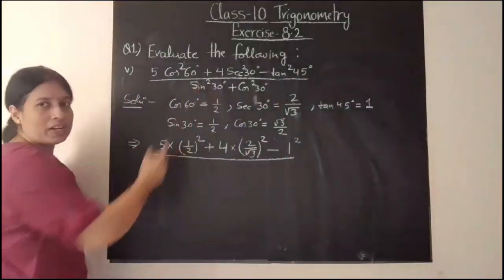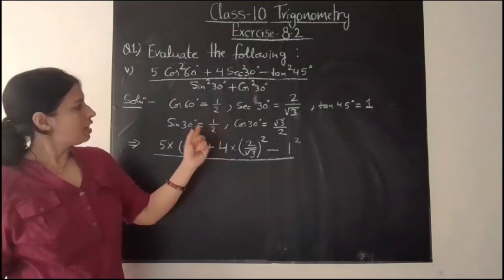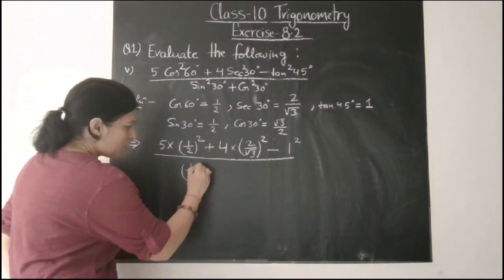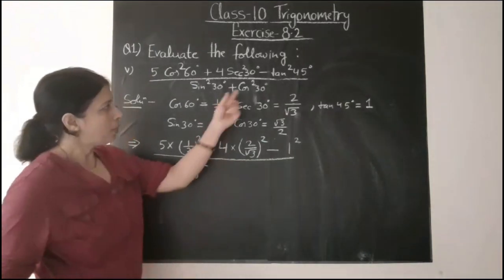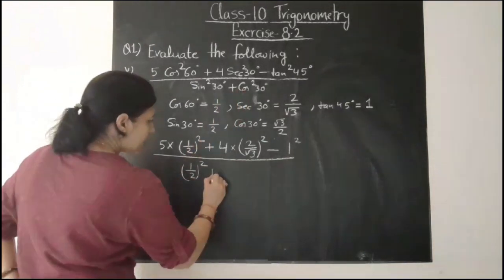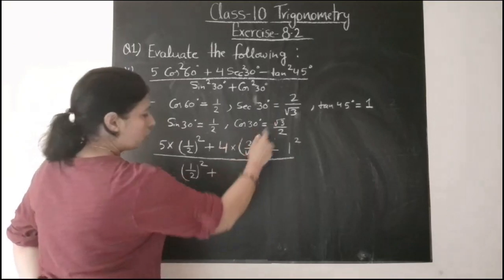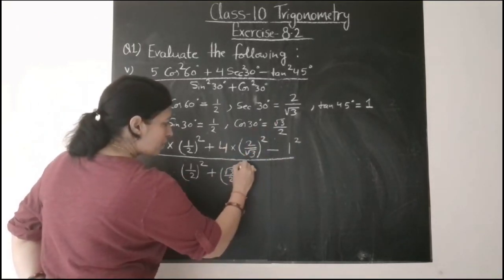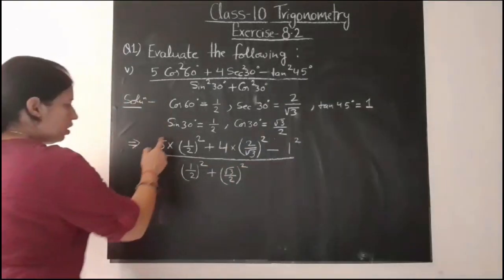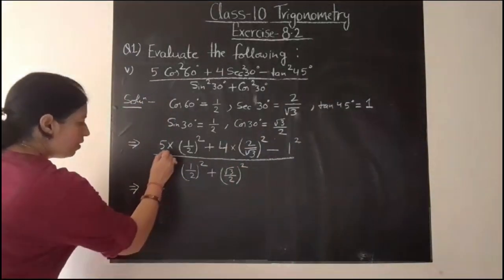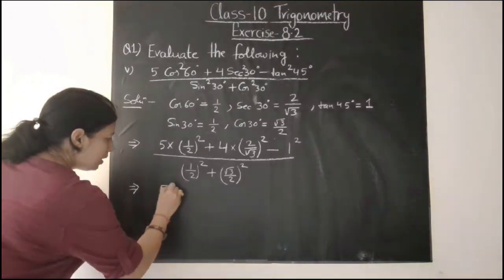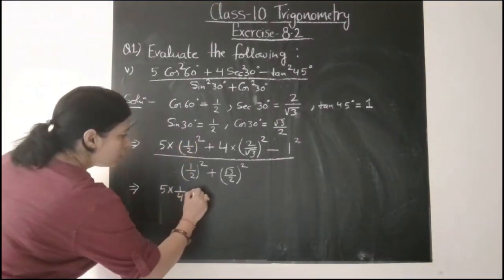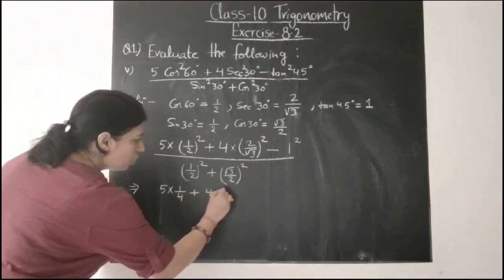Then write sin square 30 degree. What is sin 30? Sin 30 is equal to 1 by 2. So write here square of 1 by 2. Plus cos square 30. So write here cos 30 is equal to root 3 by 2. So square of root 3 by 2. So right here it will come 5 multiplied by square of 1 by 2 will be 1 by 4, plus it is 4.